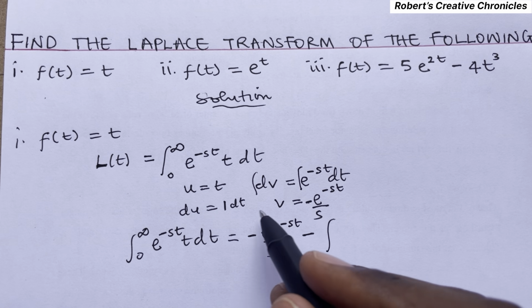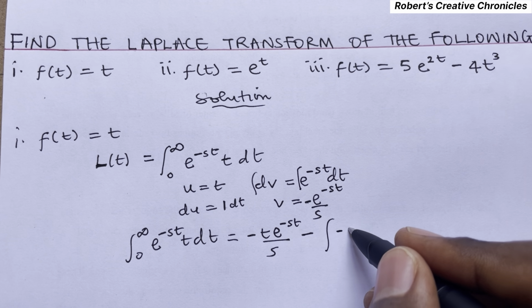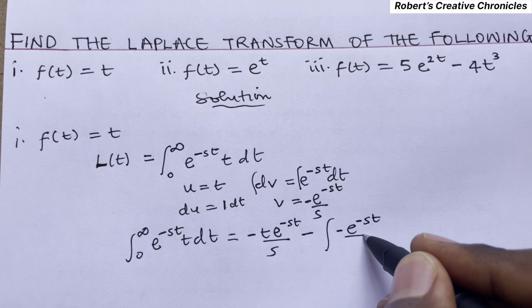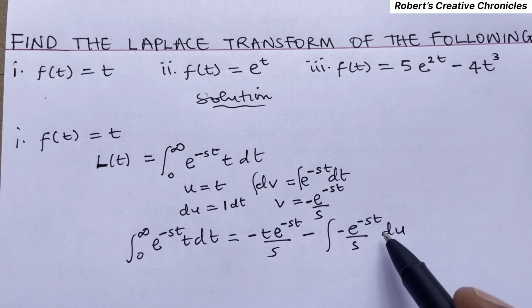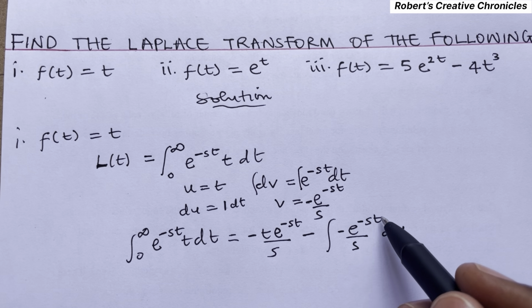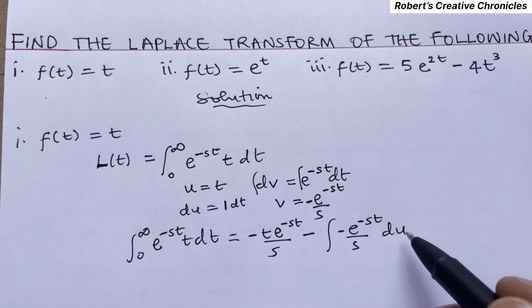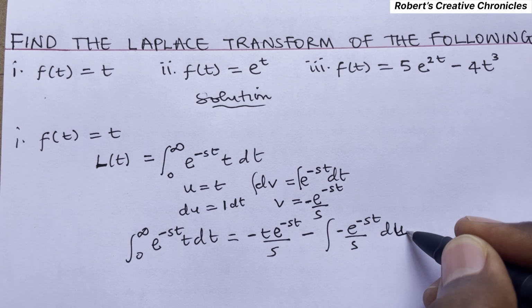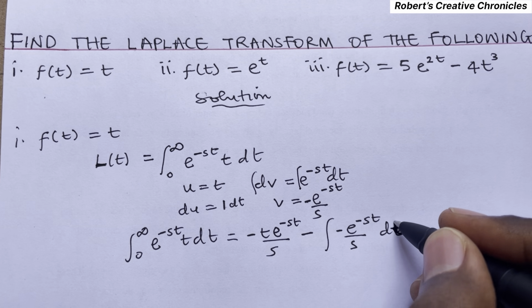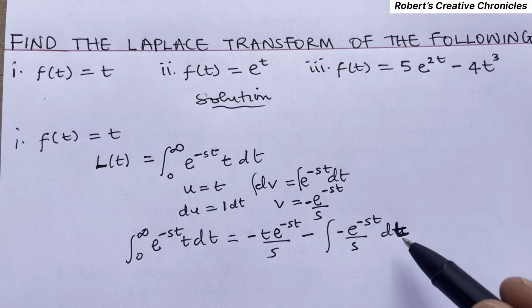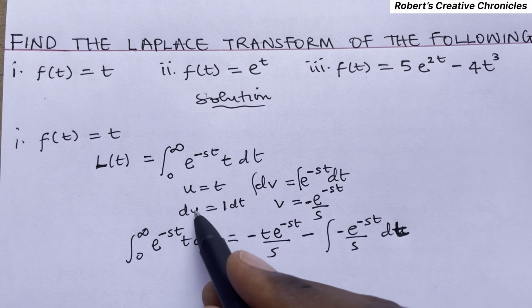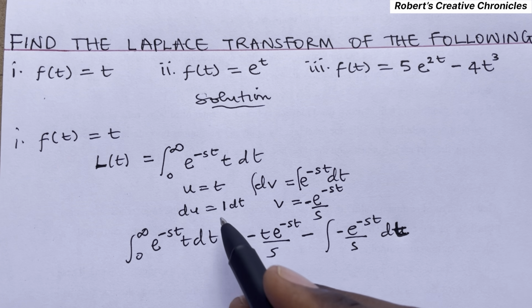What's v? This is v, then this is du. So it's negative exponential minus st over s du. Now we are substituting in terms of t, so this du becomes dt.